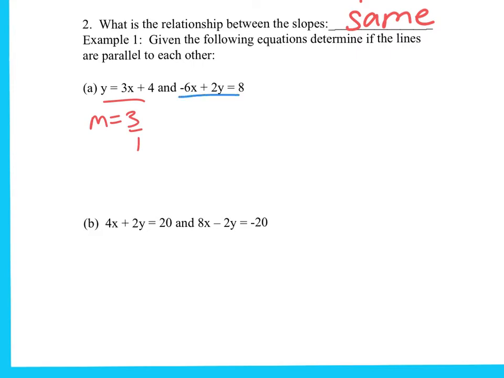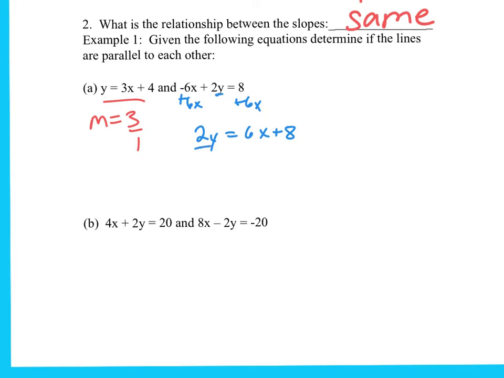Looking at the next one, can I tell what the slope is just by looking at that equation? No, I gotta solve for what? Y equals mx plus b. Good. So I need to get y by itself. How do I do that? Add 6x. So 2y equals 6x plus 8. Well, hold on. What do you got to do now?